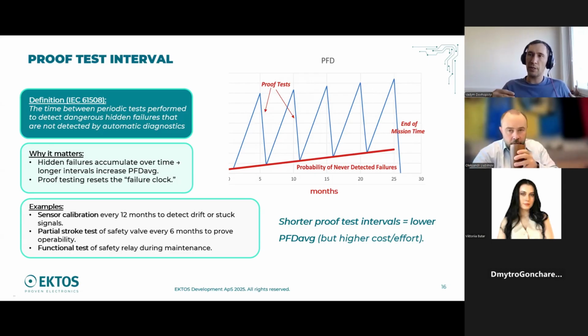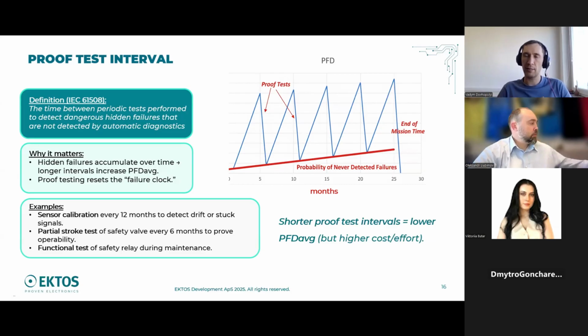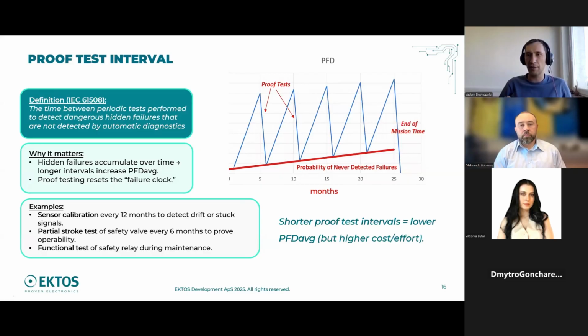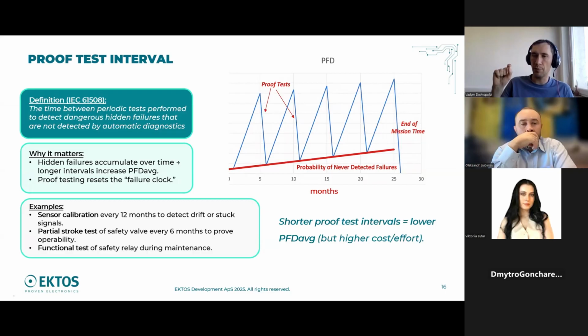It means that after a proof test, the probability of failure goes down because you have tested this, and before the next test, the probability of dangerous failure rises. We can say linearly. In fact, it is not, but we can approximately say it is a linear function. It is a more conservative way. And all the time when you are doing proof tests, a small fraction of the probability of dangerous failure which is not detected is still there.